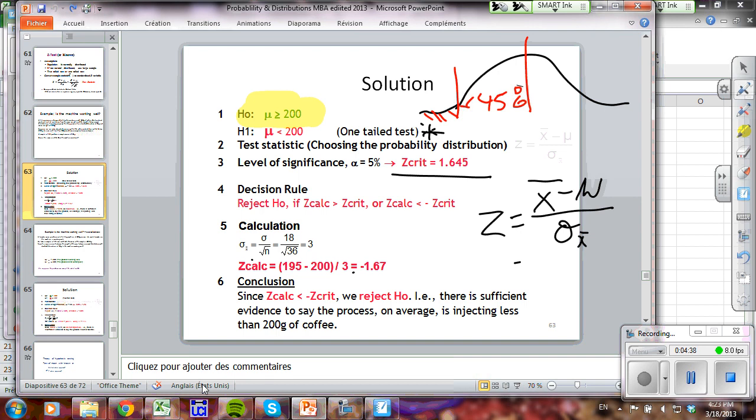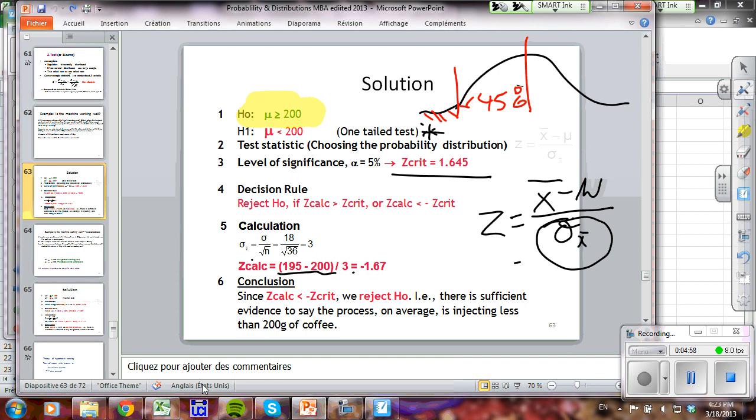Not a problem. We have x bar and mu, this 195 minus 200. But to get this standard deviation, we've got to do some calculations.